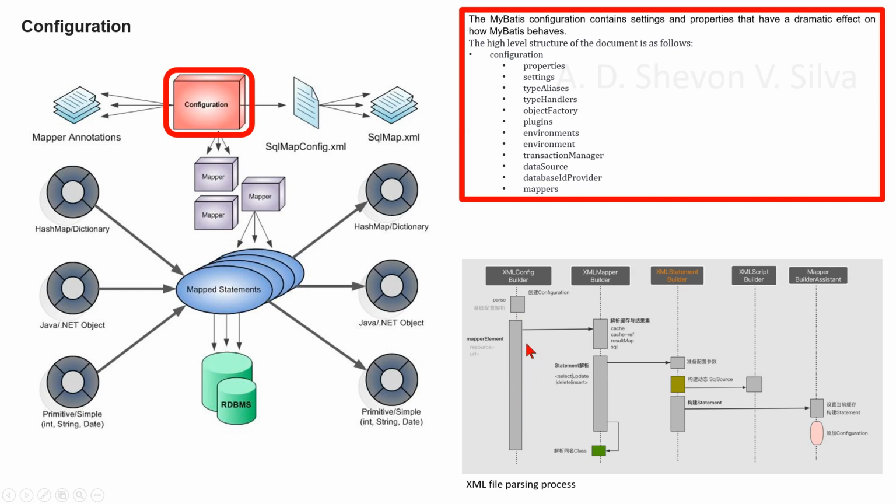It designates mapper.xml files by resource or URL, and XML mapper builder then analyzes cache and result set configuration and other public configurations. XML mapper builder analyzes SQL mapping: select, insert, update, delete.